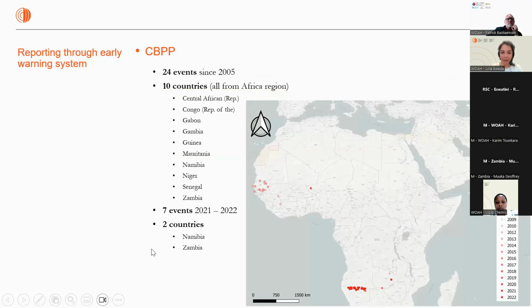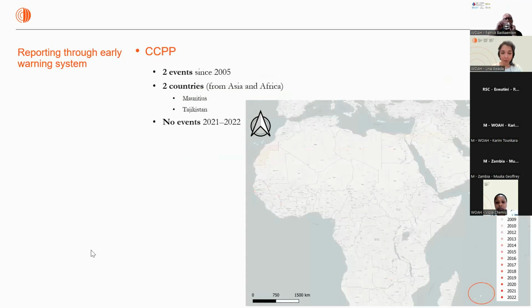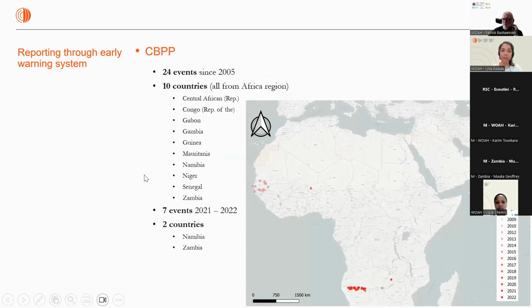Based on these case definitions, some members have reported exceptional events. So meaning again, event, first occurrence, recurrence in a country or a zone, new strain, change in the incidence of the disease, in the morbidity, mortality, etc. So in total, since 2005, when we look at the exceptional events notified for CBPP, we have received alerts from 10 countries and all from Africa.